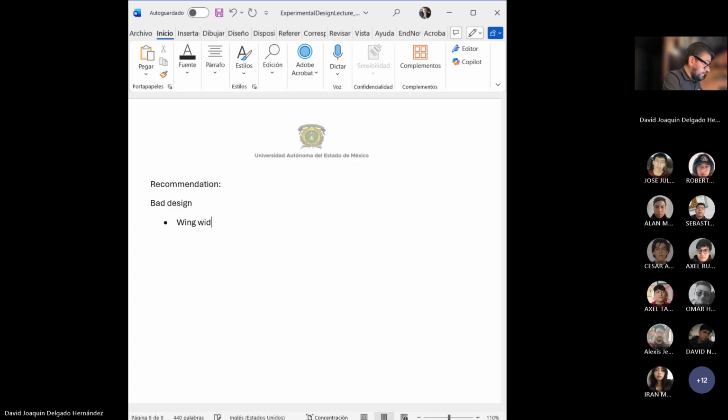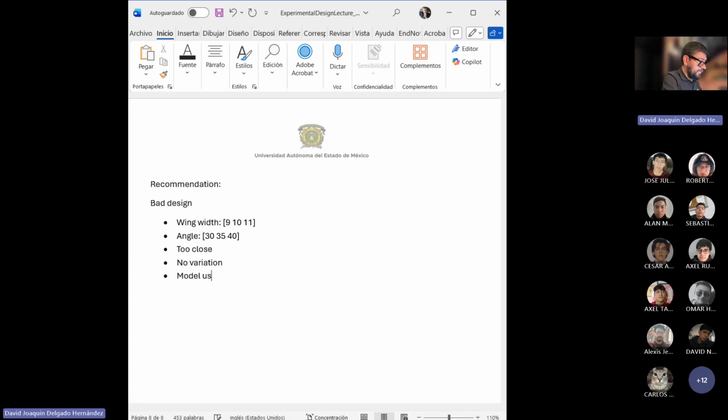Wing width which is 9, 10, 11. They are very close. And the angle, if you have 30, 35, and 40, that will be a bad design. They are too close. There is no variation. And the model is useless.